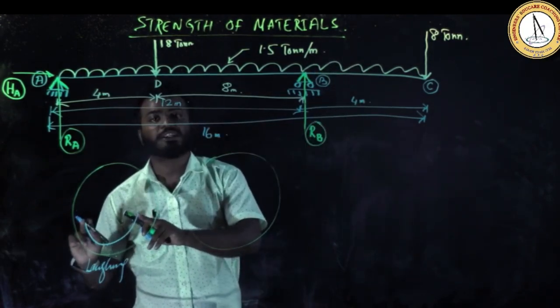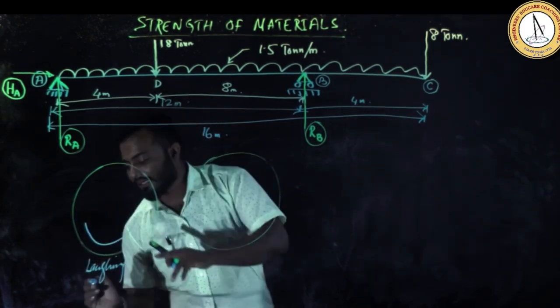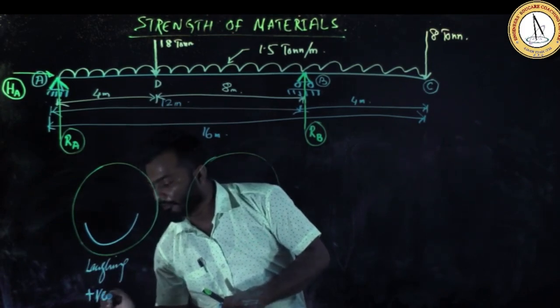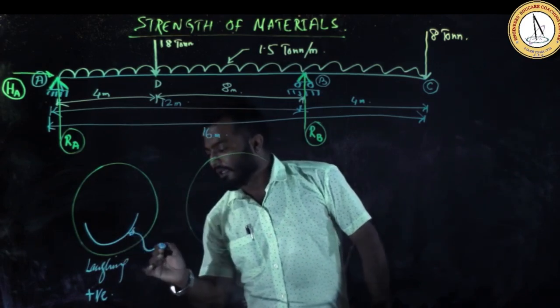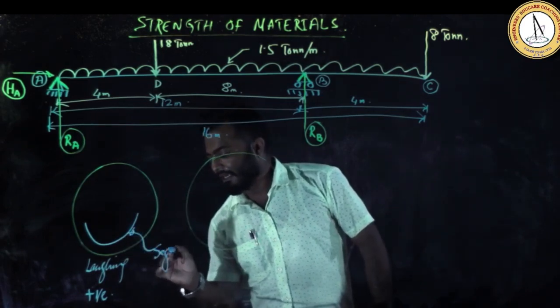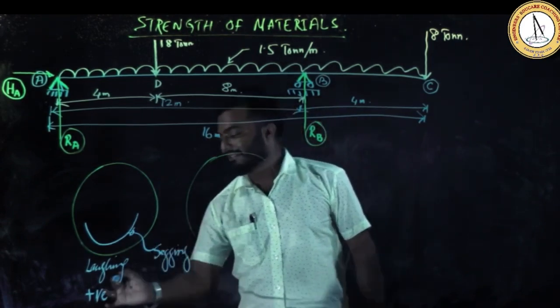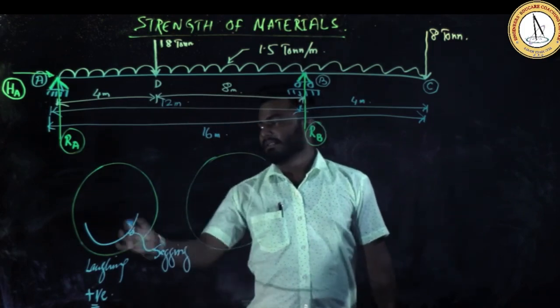If due to the application of the load your beam is undergoing this shape, then the bending moment over this portion will be considered as positive. In books, it says that if your beam is undergoing the shape of sagging under the action of the load, then the sagging bending moment will be called a positive bending moment.